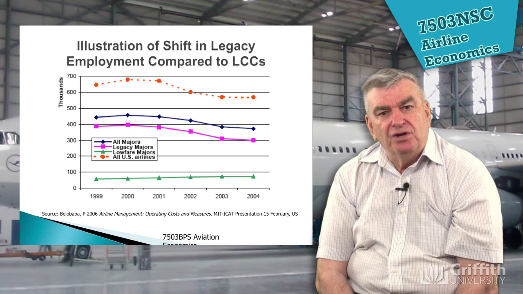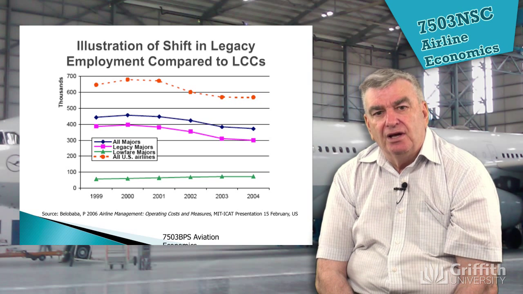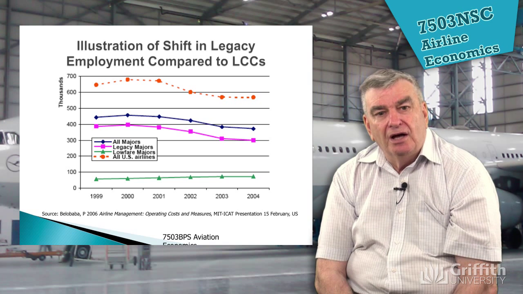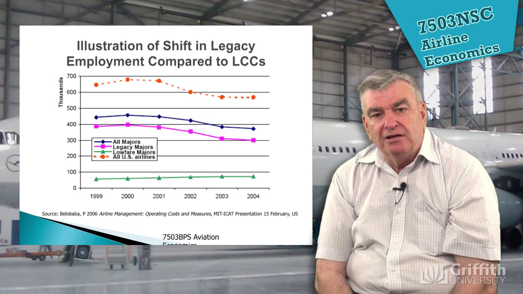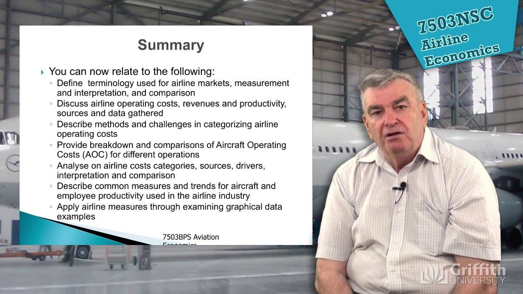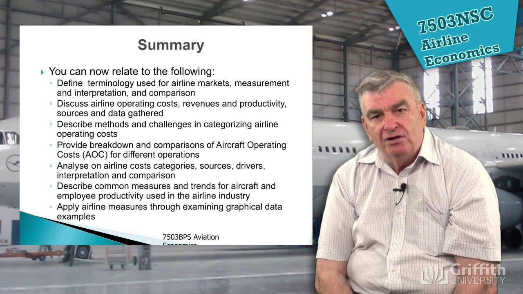We can look at legacy airlines and how they get employment compared to the low-cost carriers. And again, what we can see is low-cost carriers very often are able to get much more actually from their workforce than the actual legacy carriers themselves.